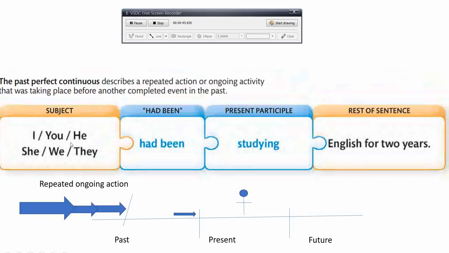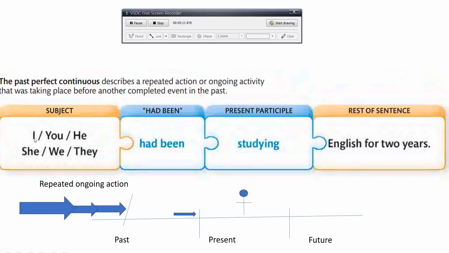Let us look at this structure and read the sentence. We see the first person, the second person, third person. That means all the pronouns, first person pronoun, second person pronoun, and the third person pronoun, all will take had been for past perfect continuous, and it will take the present participle, that means the verb with ing form, to show the been, that means continuous action in the past.